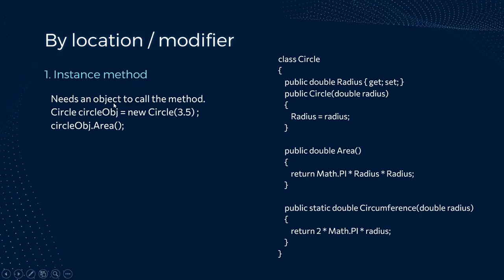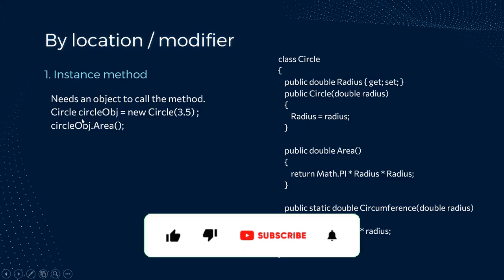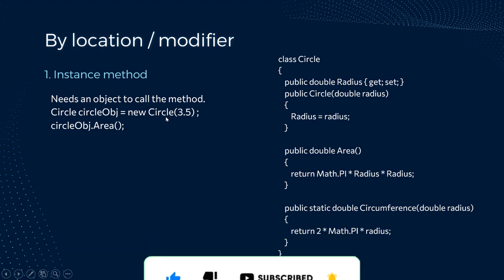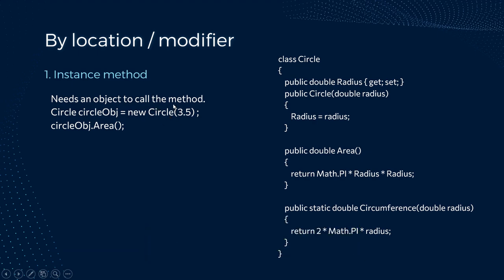So an instance method is basically a method which needs an object to call it. How can we create an object? For creating an object you need the class name, then the object name equal to new, and then Circle again, and in parentheses you pass 3.5, because in Circle we have the radius.